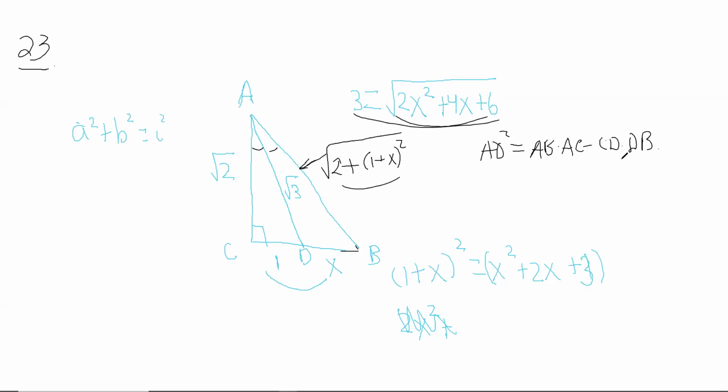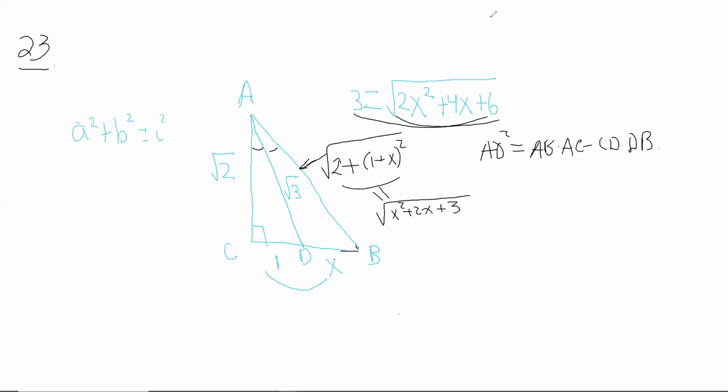And for the problem, AD squared equals... Hold on. So you do this. So you mean this side, the hypotenuse here, is the square root of x squared plus 2x plus 3, yes? Okay, so you don't need to write this here. And then what are you using here?